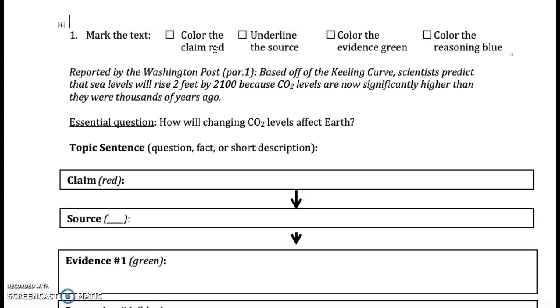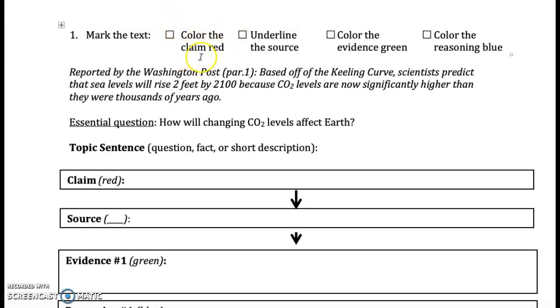Our essential question says, how will changing CO2 levels affect the Earth? Our topic sentence, we're going to come back to and write at the end. That's something new that we haven't really done yet with these CERs, but that's going to help us turn this into a paragraph. Let's come back at the end, once we have a better idea of what our paragraph is going to look like.